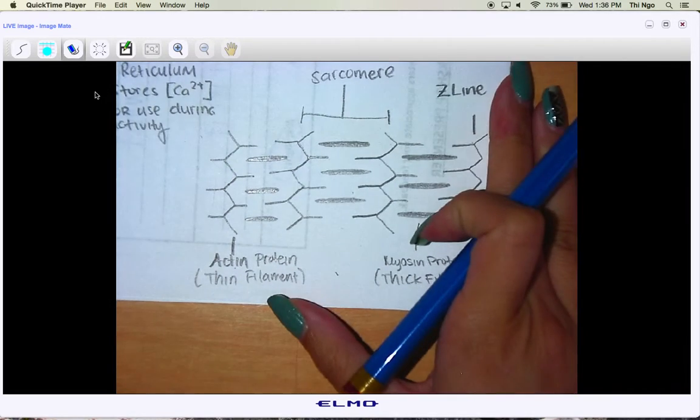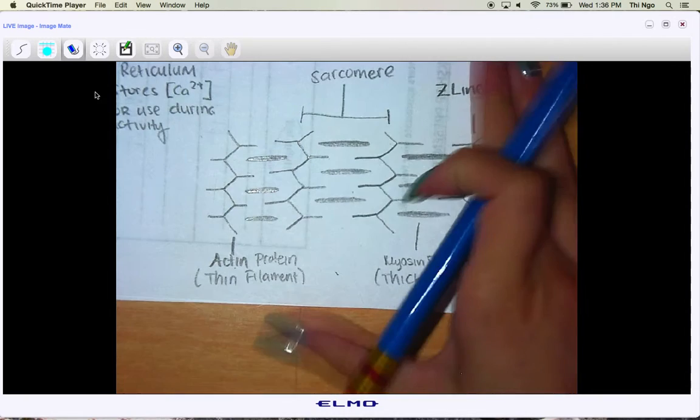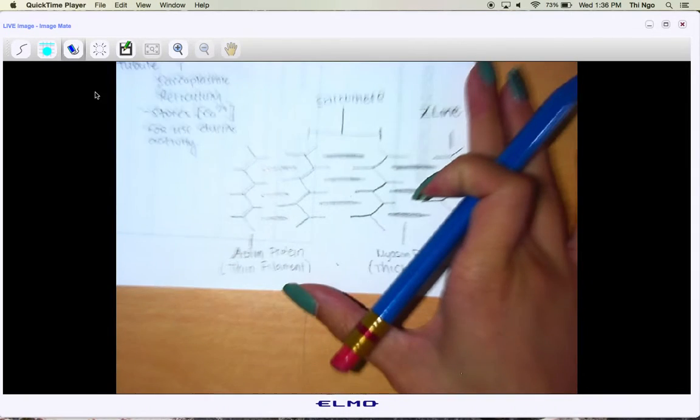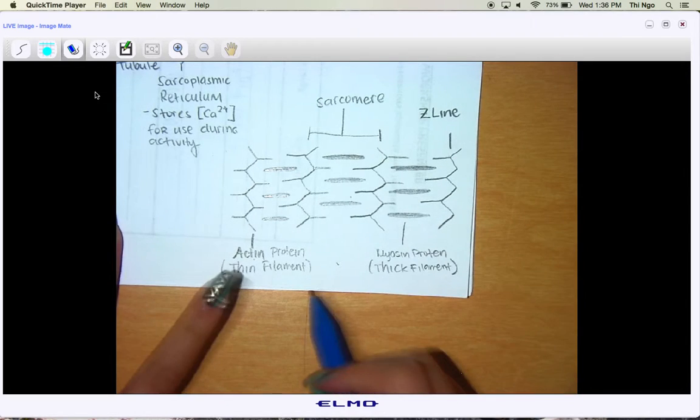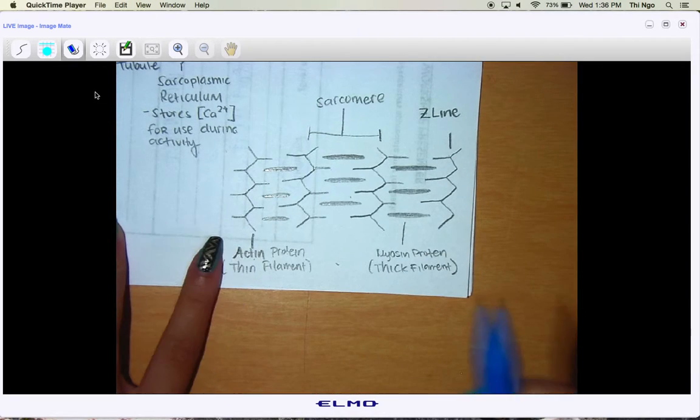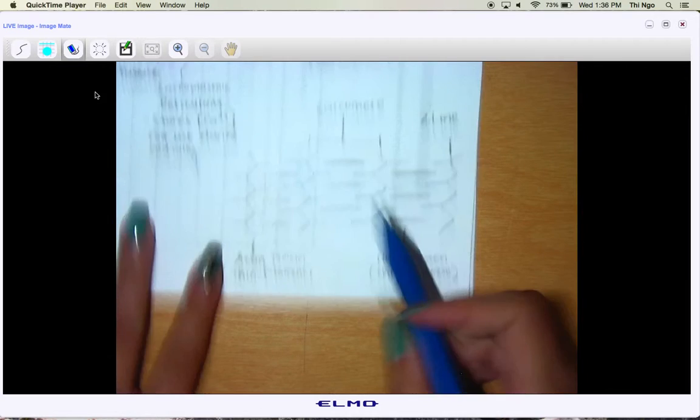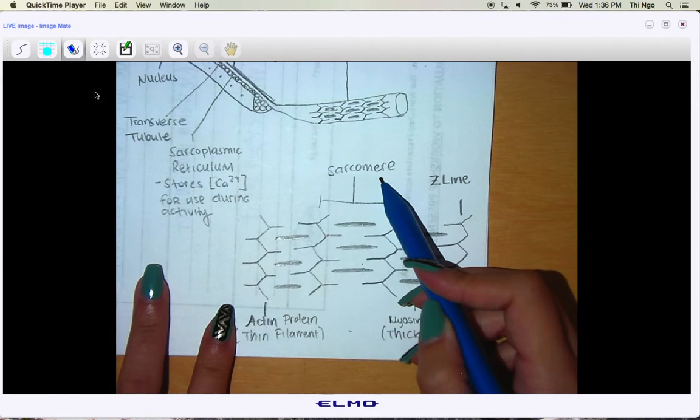But yeah, so if you're going to review the structure of skeletal muscle, you're going to have to say that when you have actin and myosin together, that forms a sarcomere.